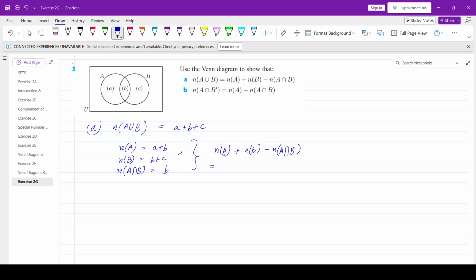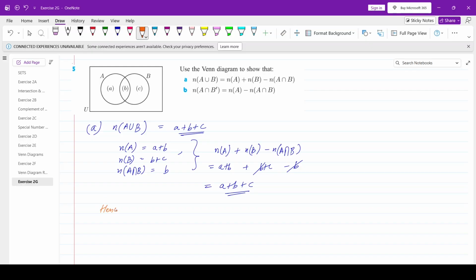From these three equations, if we write the number of elements in A plus the number of elements in B minus the number of elements in A intersection B, this is going to be a plus b plus b plus c minus b. Now this b will cancel this b out and we will be left with a plus b plus c. Hence we can say this term over here and this term are exactly the same.